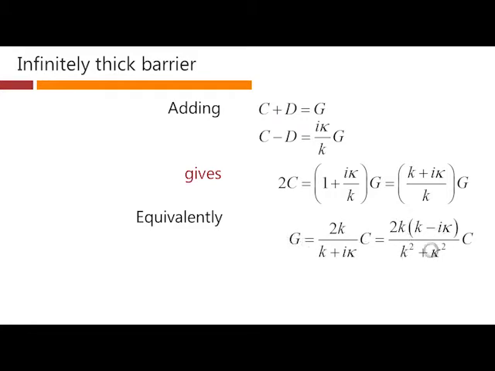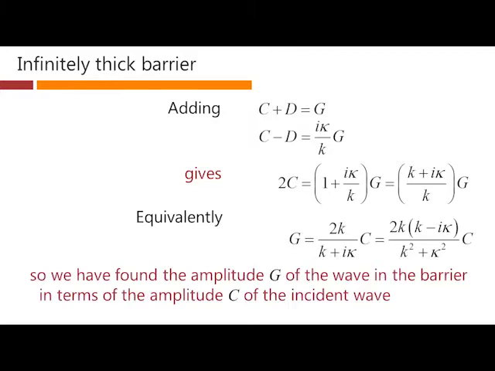We could rearrange that to get the complex stuff on the top line and real numbers on the bottom, but we'll use this form. So now we have found what the amplitude g is in terms of the incident amplitude c. We know how to relate the amplitude of the wave inside the barrier to the amplitude of the incident wave.